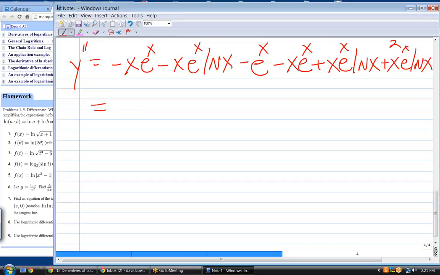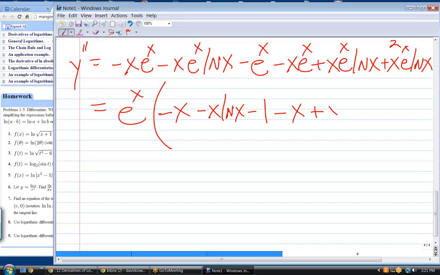So, let's factor out an e to the x, leaving minus x natural log of x minus 1 minus x plus x natural log of x plus x squared natural log of x.